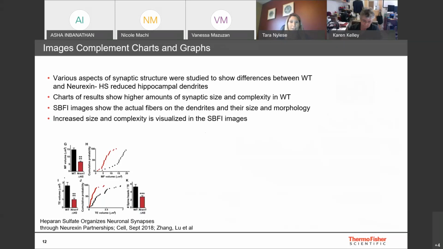And so this was genetically tested. And so we can see that in the wild type, there are varying amounts of these mossy fibers, or MF, and thorny excrescences. They describe the type of dendritic growth. And so the mossy fibers and the thorny fibers are showing that in the wild type, they are much greater compared to the knockout mouse model.